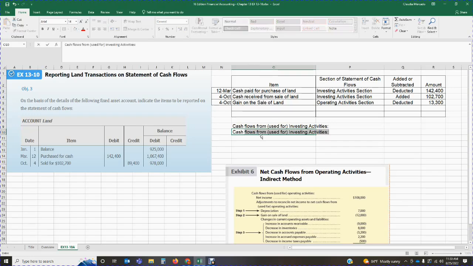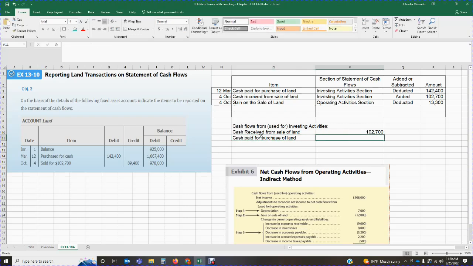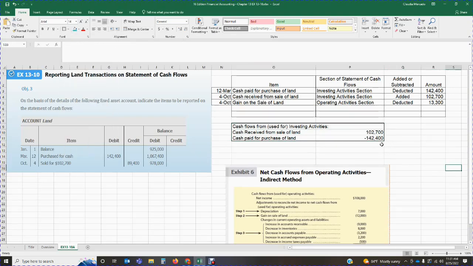And then we would have the cash received from sale of land, 102,700. And then we would have the cash paid for purchase of land, 142,400. So if we were preparing our actual statement of cash flows, this would be the section that we would be preparing, and that is how it would look.